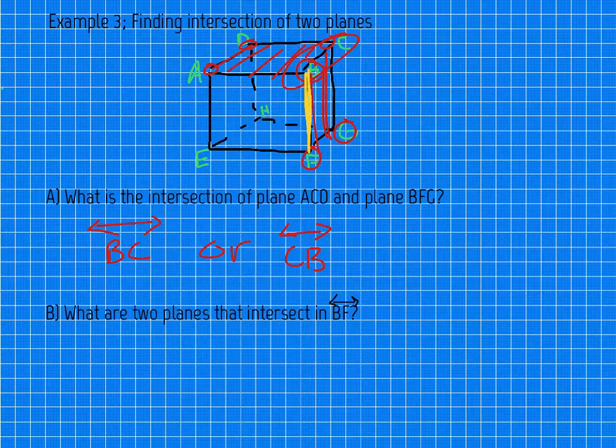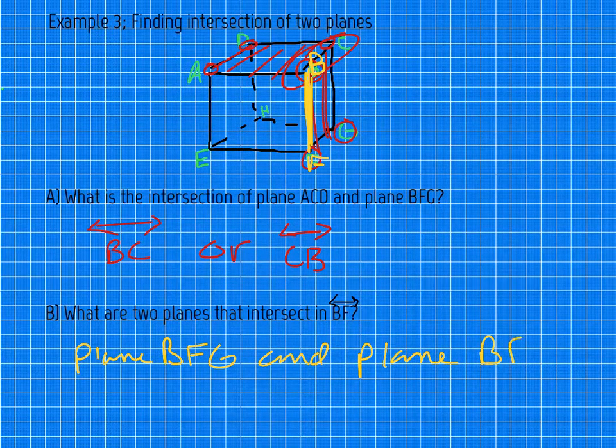BF is right here because this is B and this is my F. Okay, so the two planes are this plane BFG, and the other plane that intersects there is this plane over here, BFE, or AEF, or any one of those. So those are the two planes that form the line BF.